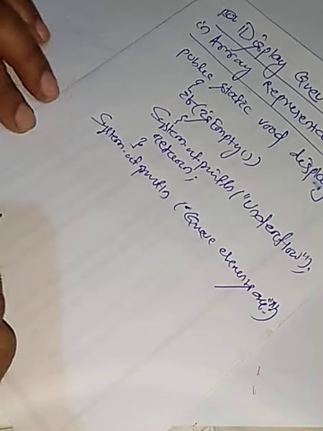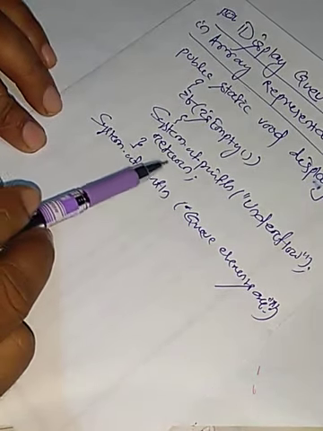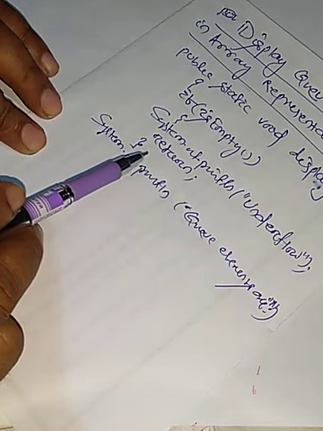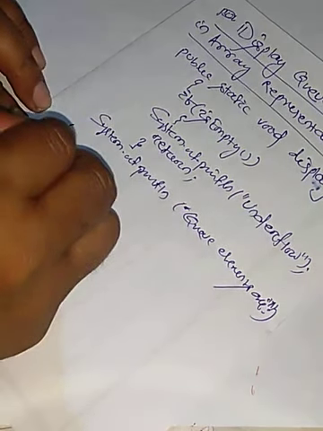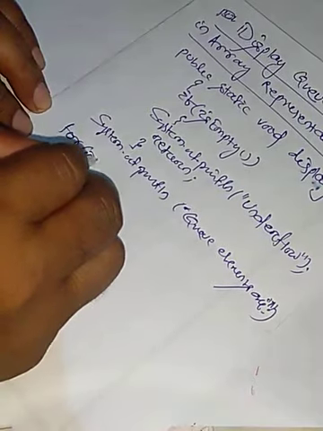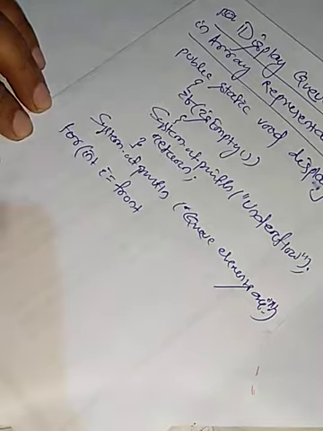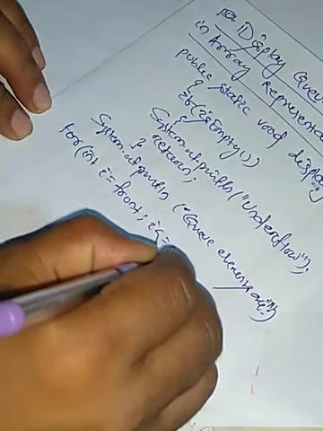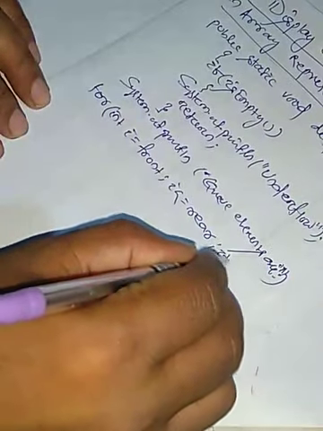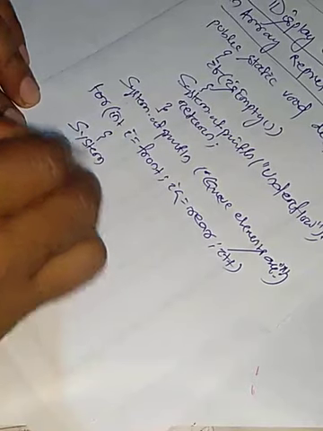What queue elements will we display? The idea is, if it is not empty, we will traverse along the elements from front to rear. For int i equal to front, and i less than or equal to rear, increment i, and simply display the elements.